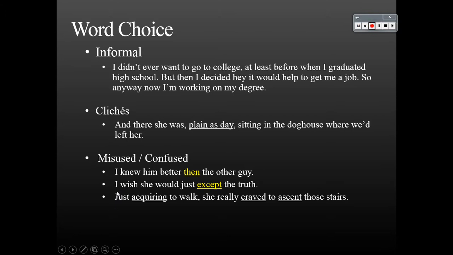I wish she would just accept the truth. This form of the word except, although it's pronounced the same, there's really no way to tell the difference, is the root word of exception, okay, or to make an exception. So if I except someone from the assignment, I make an exception. They don't have to do it.